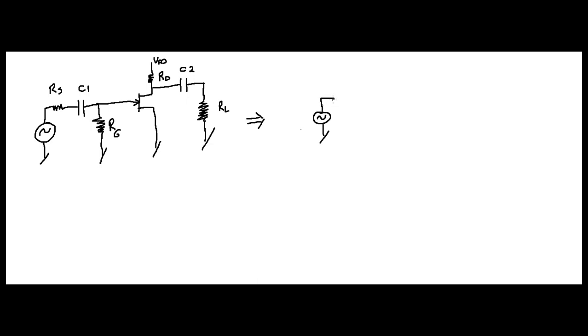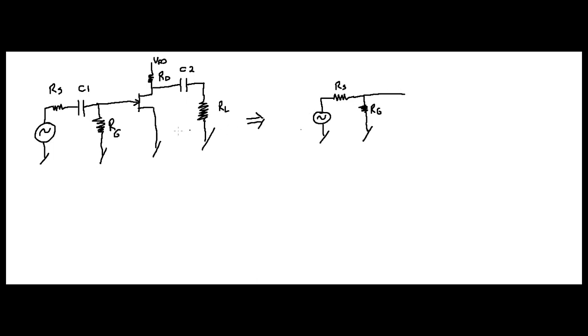So we have what's called RS, that's your source resistance, right? RS, usually that's very small, most of the time it's neglected. Then you're going to come over here, you're going to have a resistor to ground, call that RG. Now you're going to come over here.